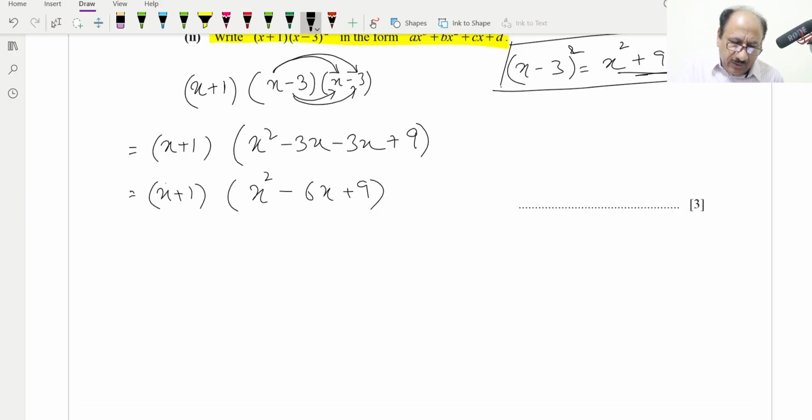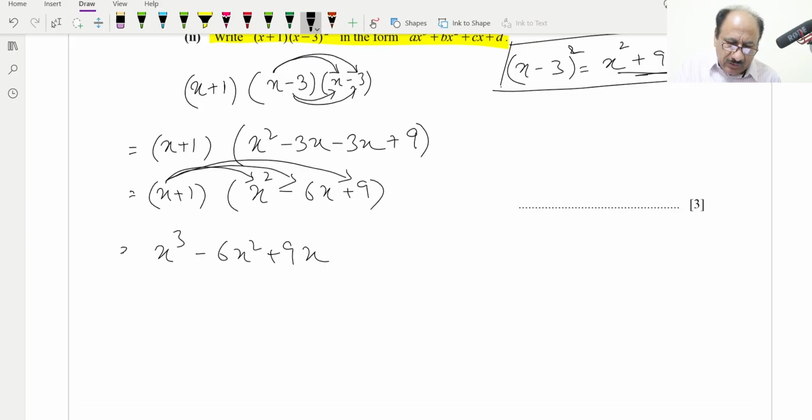Now we will be multiplying this x with x squared, and this will be x cubed, then x with minus 6, so it will be minus 6x squared, then x with 9, so it will be plus 9x. Similarly, 1 with x squared will be plus x squared, and then minus 6x and plus 9.